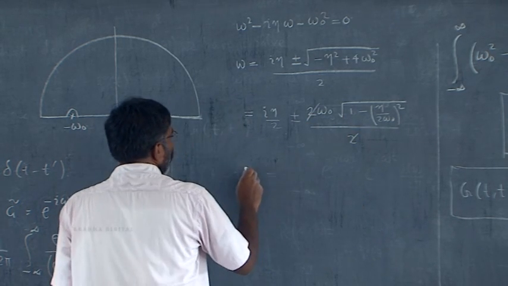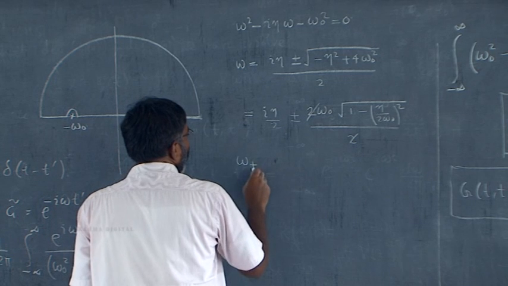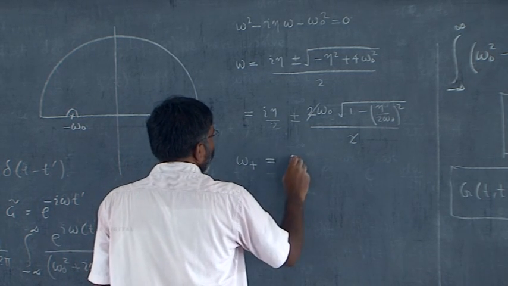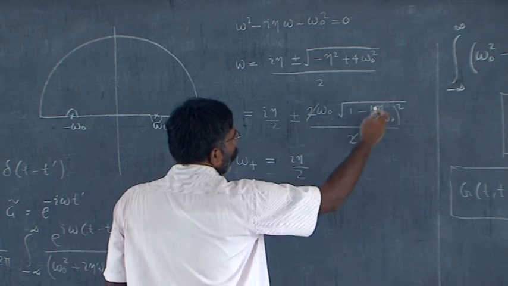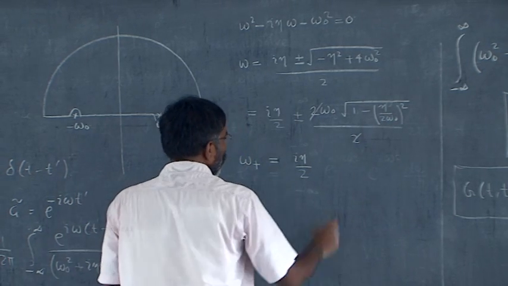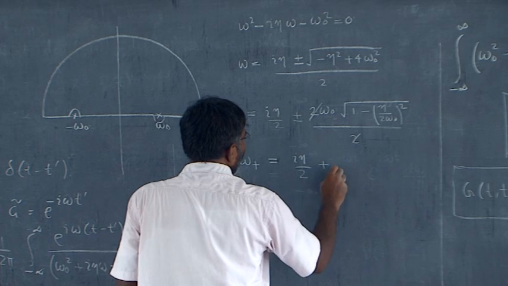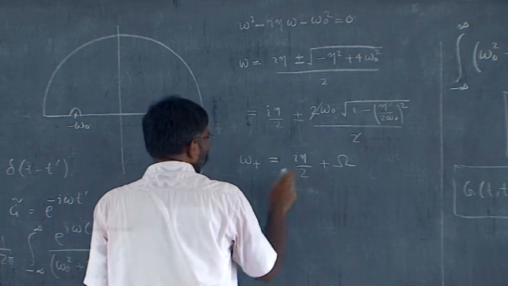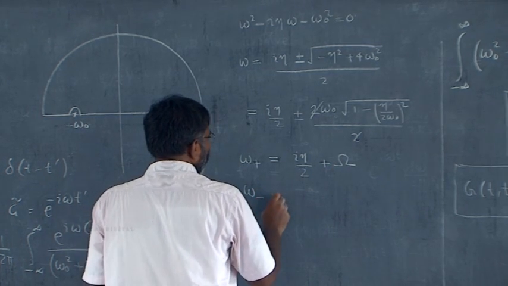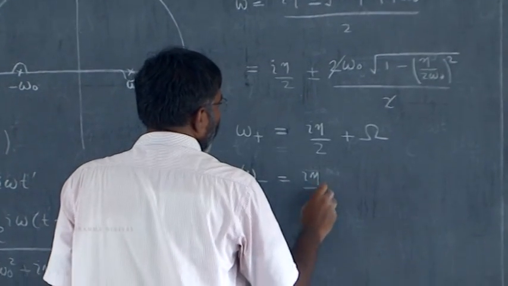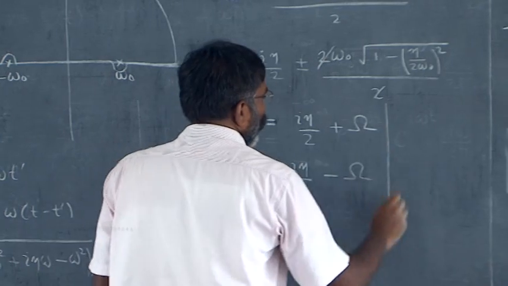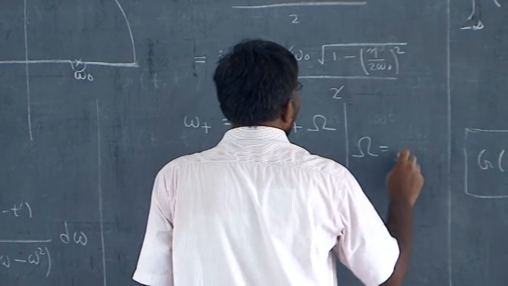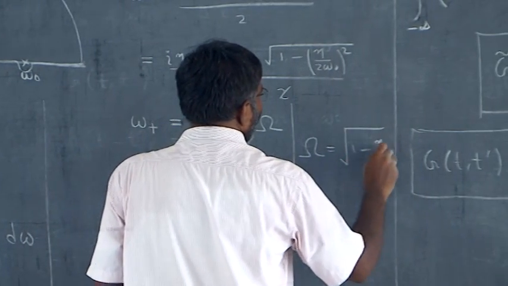So you can write 2 roots: omega plus is equal to I eta by 2, and whatever this is, if eta is small, this is a real quantity. So I will call this omega bar, so omega plus is I eta by 2 plus omega bar, and omega minus is equal to I eta by 2 minus omega bar, where this omega bar is equal to omega naught times square root of 1 minus (eta by 2 omega naught) whole square.